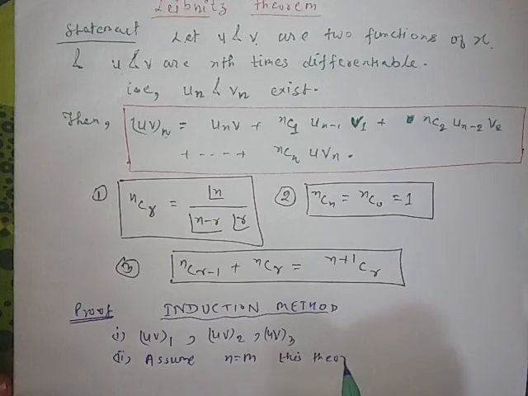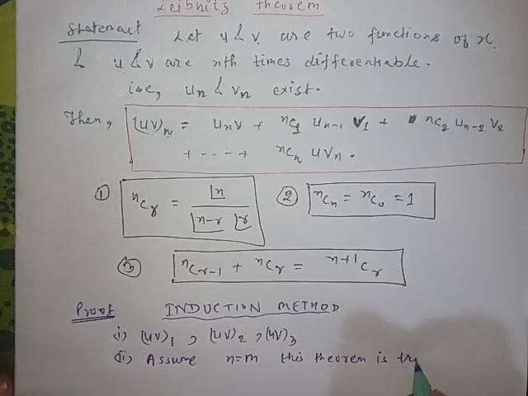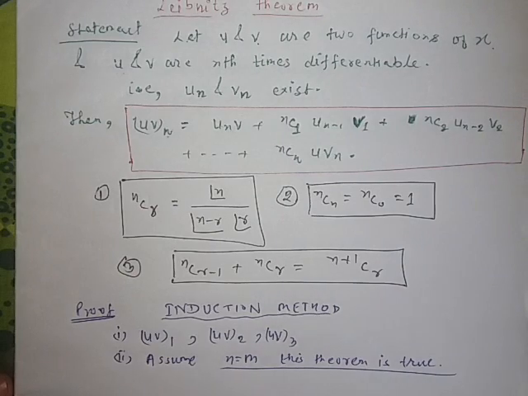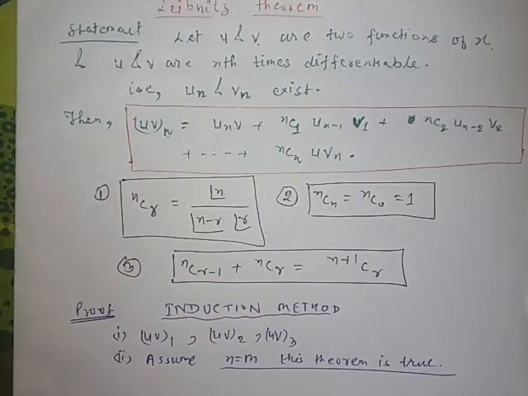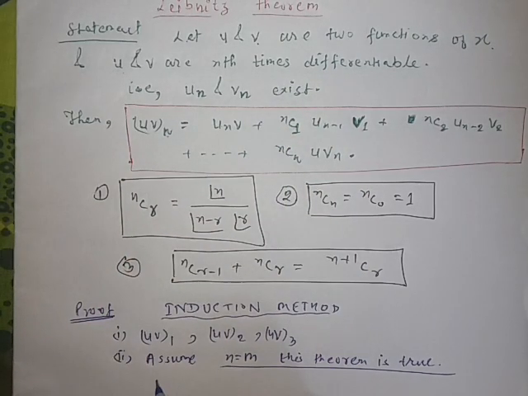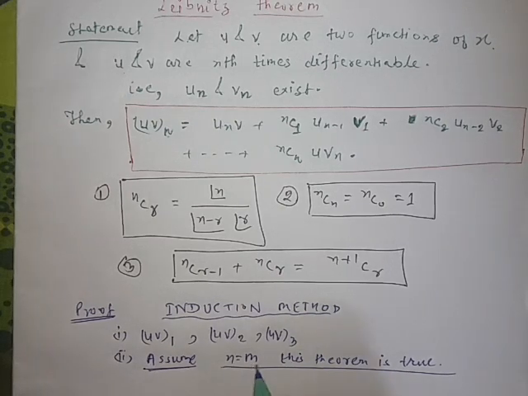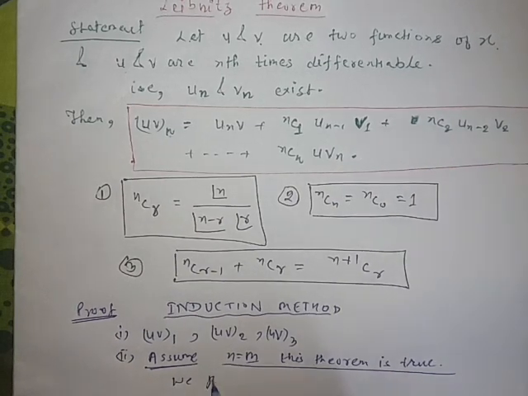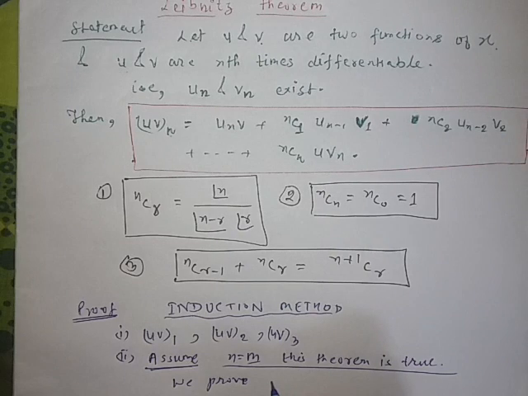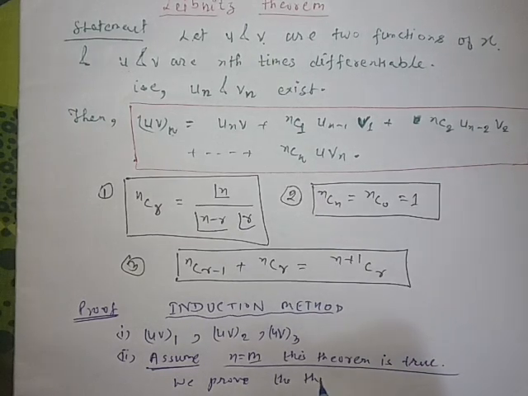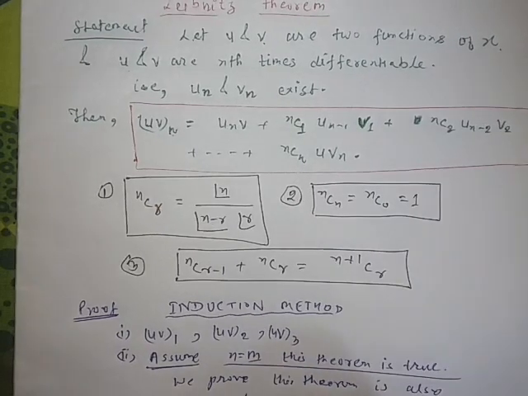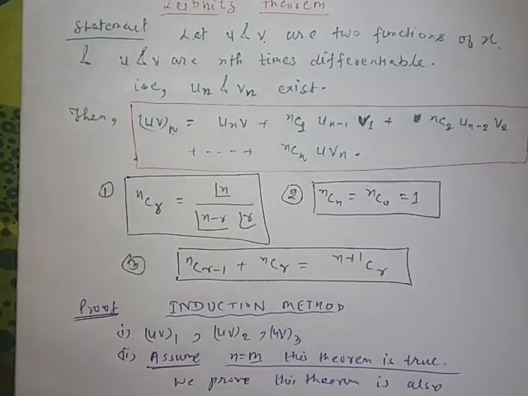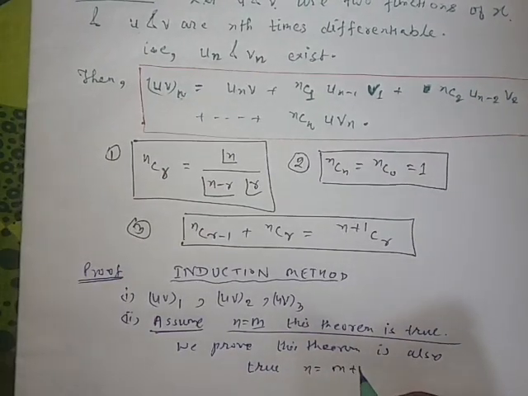That means we will assume that (uv)_m satisfies this equation, and after assuming this result we prove that this theorem is also true for n equal to m plus 1.